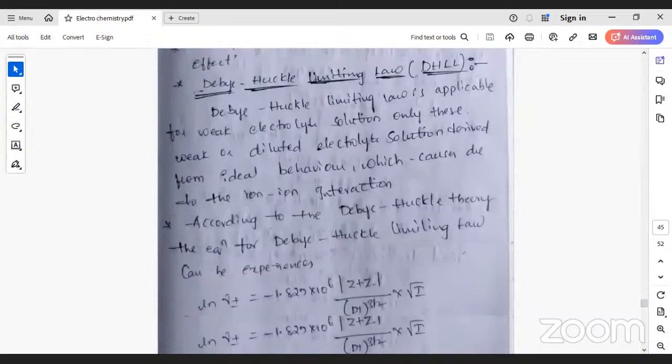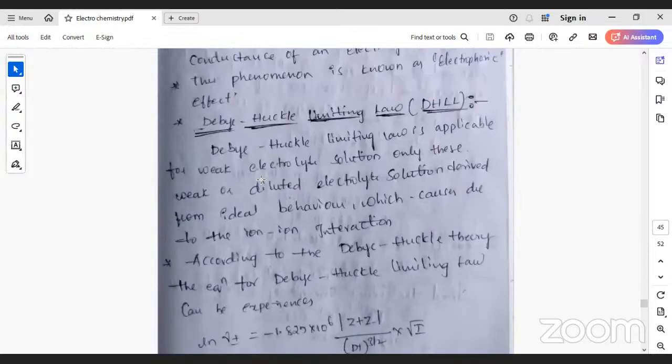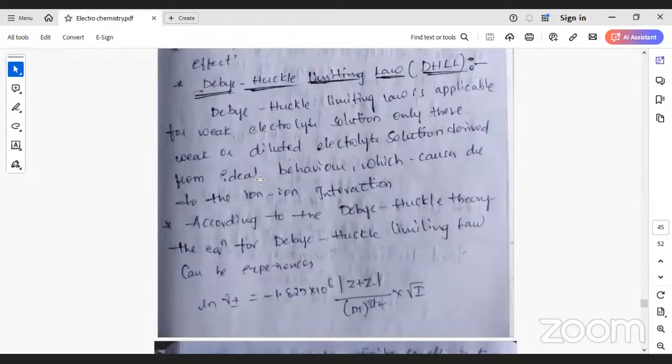Yes. Coming to one more topic, that is the Debye-Huckel limiting law. With the help of the assumptions of Debye and Huckel, this is the Debye-Huckel limiting law.